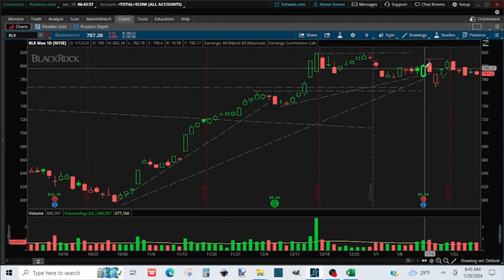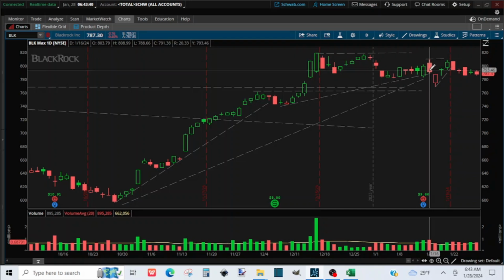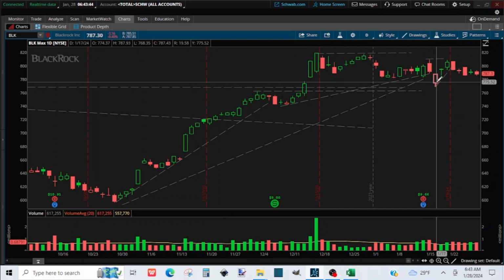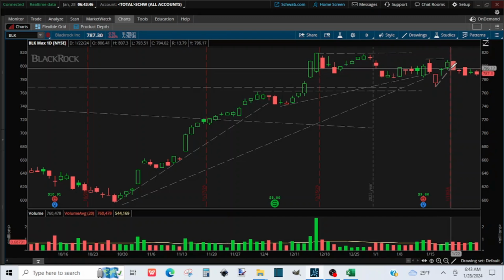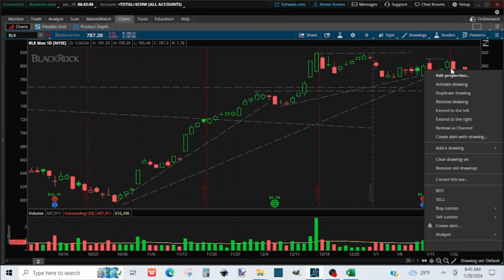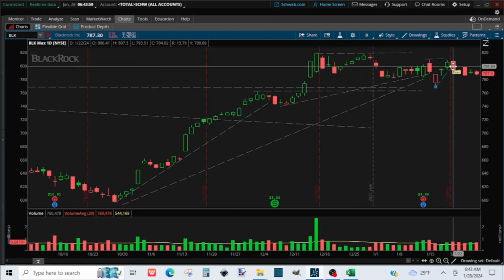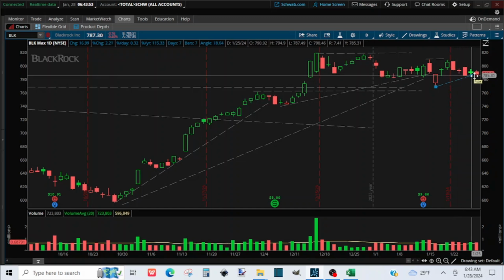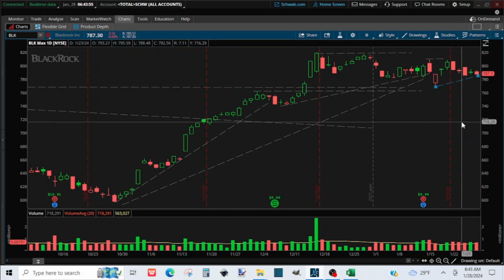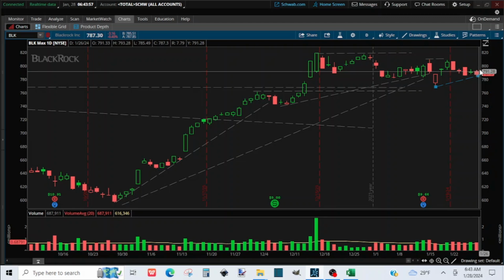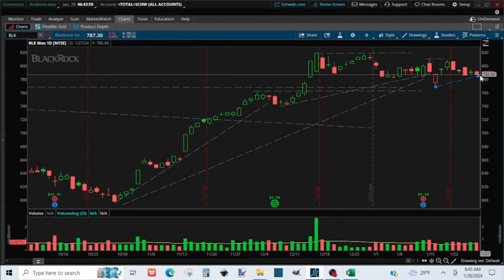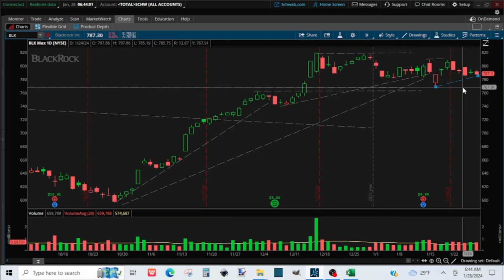Okay, it went sideways, went up, and then went down here to start a new trend. Let me activate this. And at this point, it has to start going up for me to trace these proper things here. But if it starts going up higher from here, we'll have a new trend.